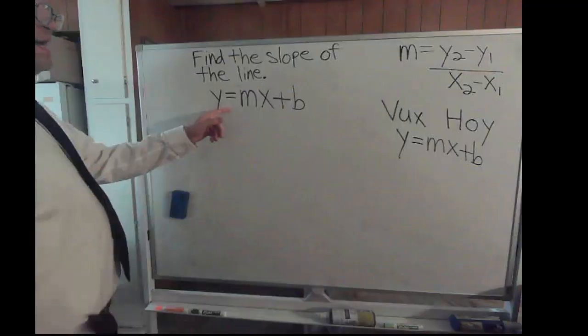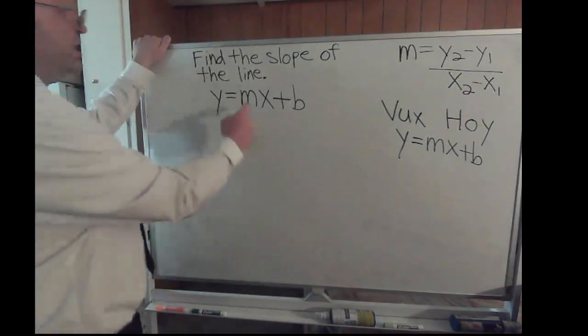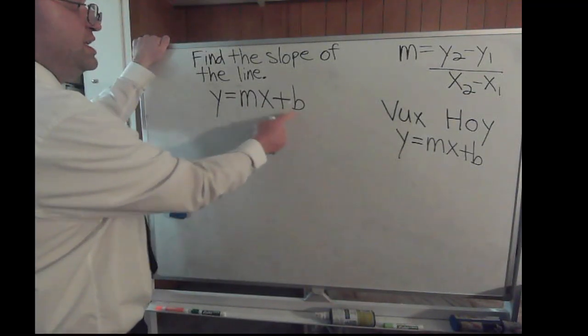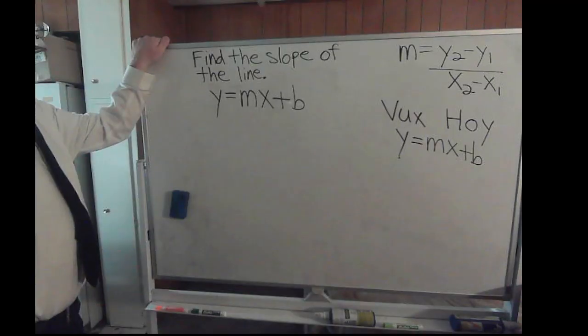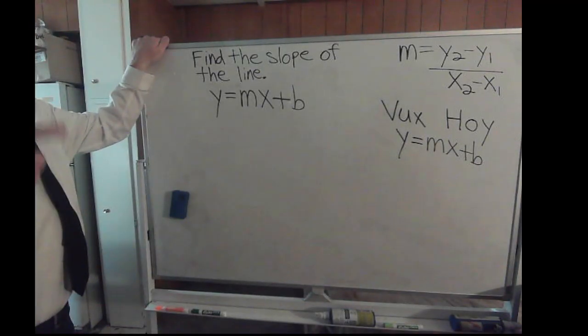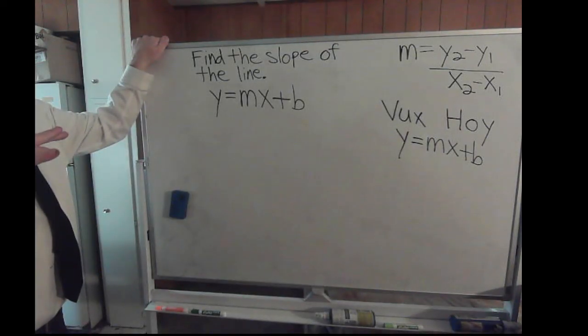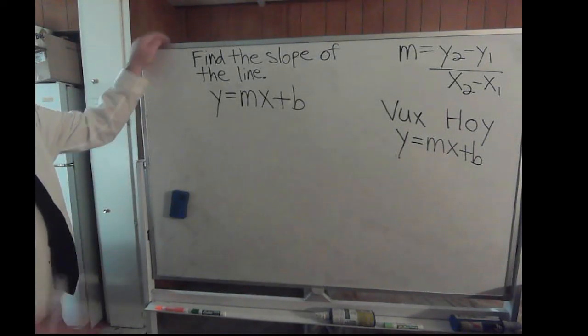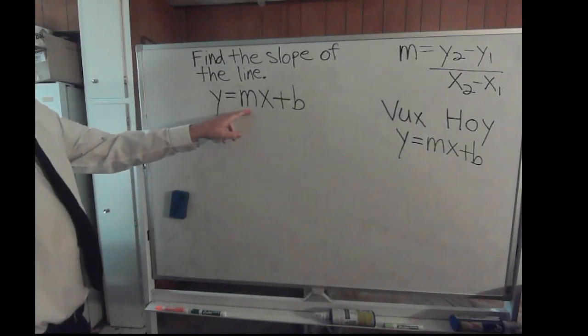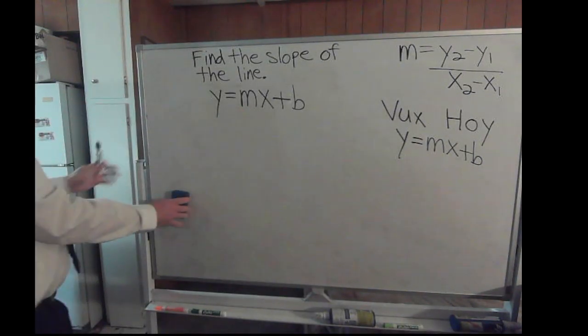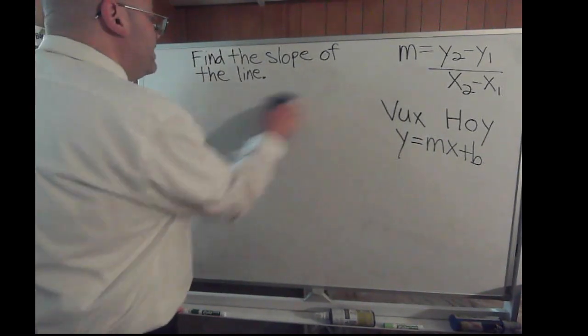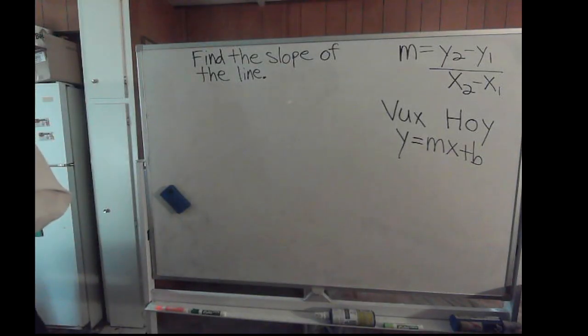You got y equal to your slope times x plus b. Well, what's b? In the next lesson, we'll get into what b is, which turns out it's your y-intercept, but we'll cover that more. Today, we're only concerned about the slope, alright? That's all we care about today.